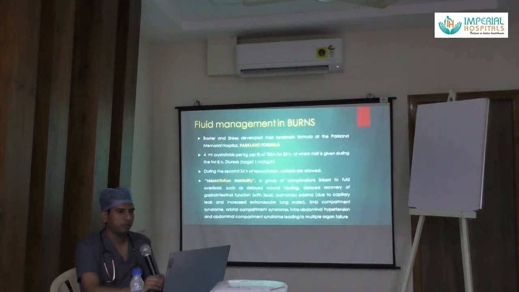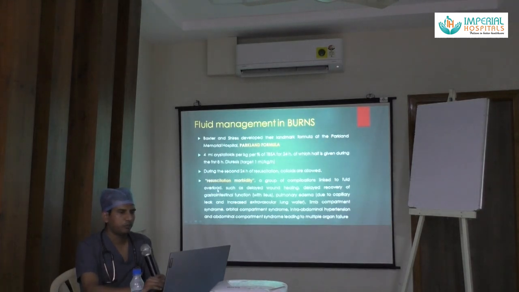Fluid management in burns: it's the standard Parkland formula, which has been followed for decades. It's 4 ml crystalloids per kg per percent total body surface area for 24 hours, half given in the first 8 hours. But this is a somewhat liberal strategy, and in the last decade people are experiencing a new condition called resuscitation morbidity, where fluids are being given excessively.